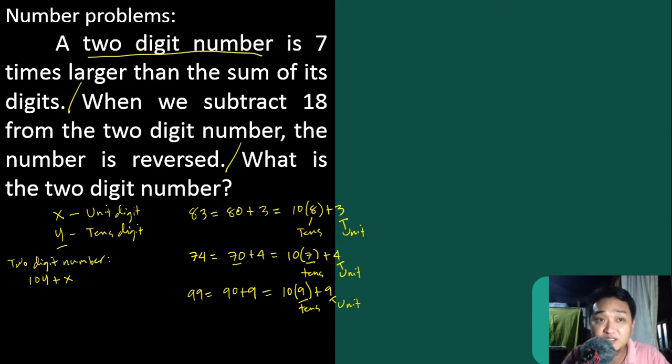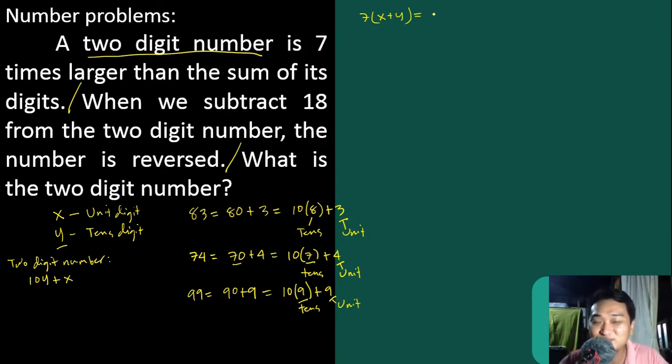Ngayon, isipin na natin kung ano yung mga characteristic na pwede nating i-connect dun sa 2-digit number. Ang sabi, yung 2-digit number daw is 7 times na mas malaki kaysa dun sa pagkakadagdag ng dalawang digit. So, in linear equation, yung sum daw ng digits, that is x plus y, is 7 times na mas malaki kaysa dun sa mismong 2-digit number.